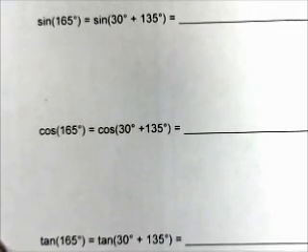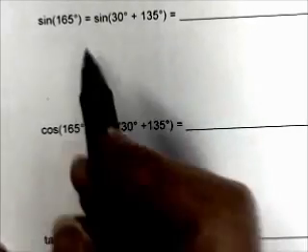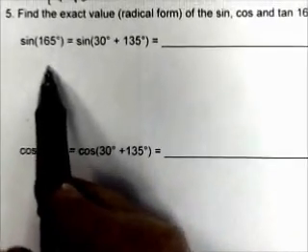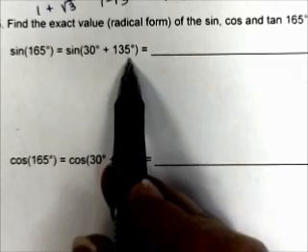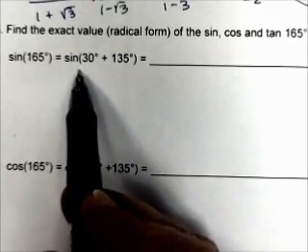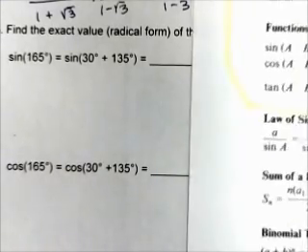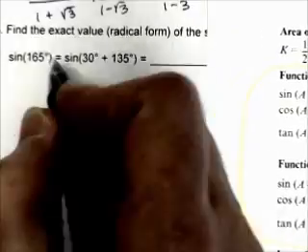We want to find the sine of 165 degrees. Well, 165 is equivalent to 30 plus 135. So this is going to equal the sine of 30 plus 135. So this is the sine of a plus b.